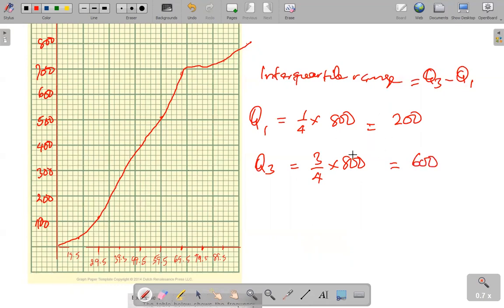So we locate 200 and 600 on the graph, trace it until we touch the curve. Then we trace where we touch the curve to the class boundary. Remember that the y-axis is cumulative frequency, and the x-axis is the class boundary.